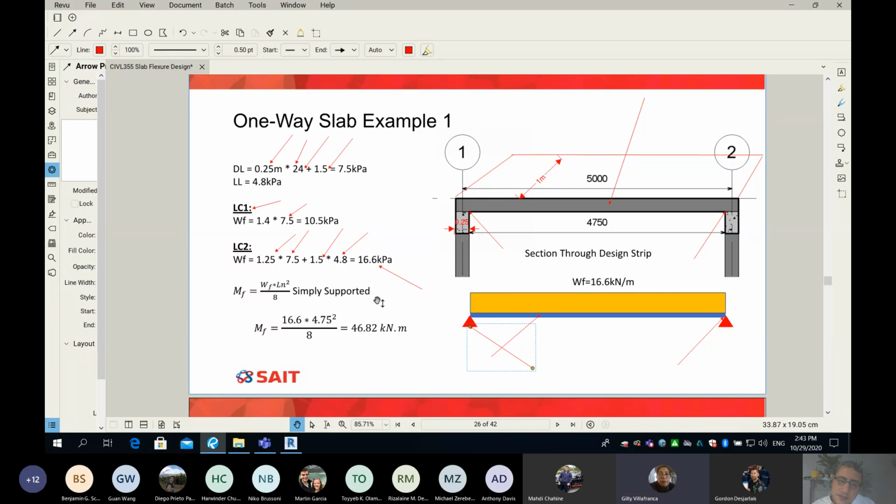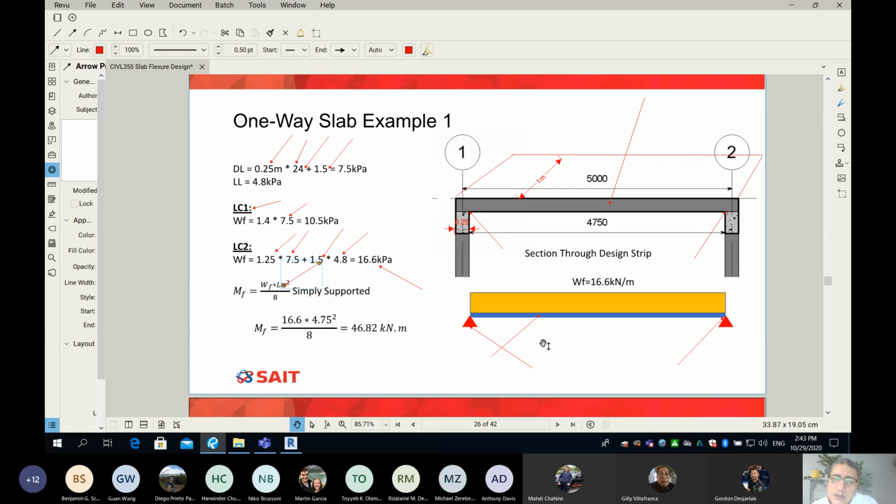Guys, don't forget, for a simply supported beam only, not cantilever, not continuous beam, we use a very simple formula, WL squared over 8. Remember, the L here is Ln, the clear span, so 4.75 squared over 8.